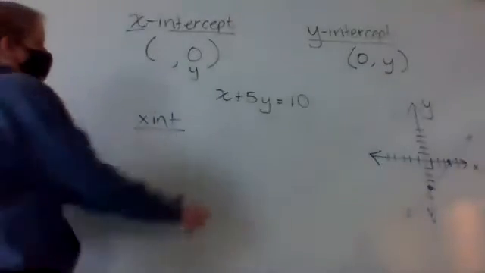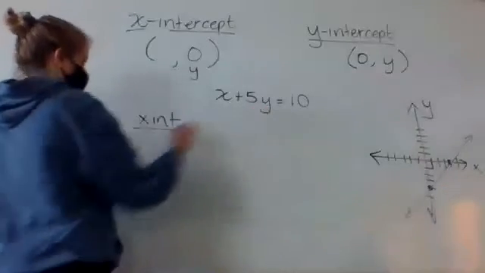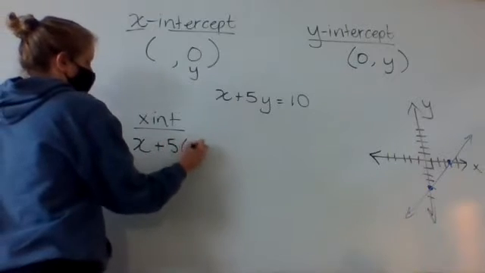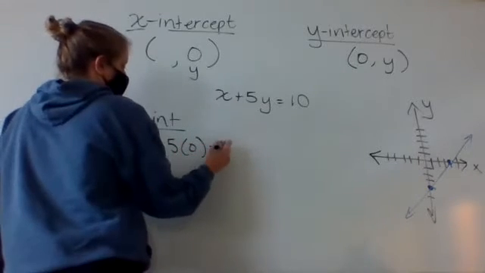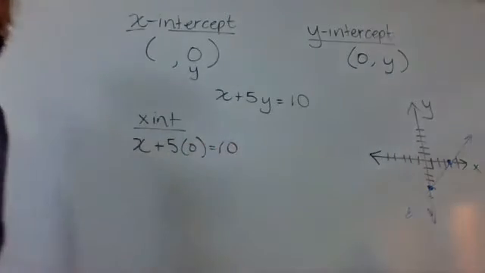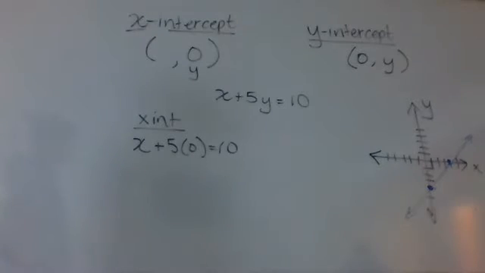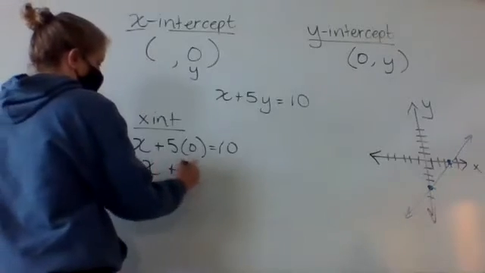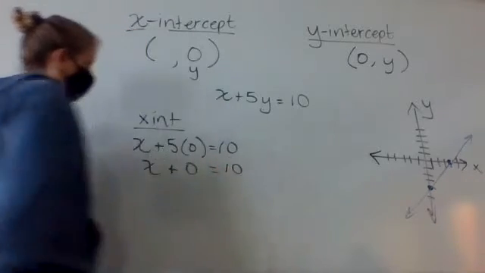So if I'm finding the x-intercept, I'm putting a 0 in for the y. If I do that, I have x plus 5 times 0 equals 10. 5 times 0 is 0. So this just now says x plus 0 equals 10.